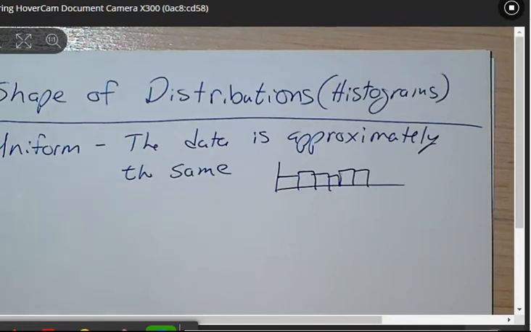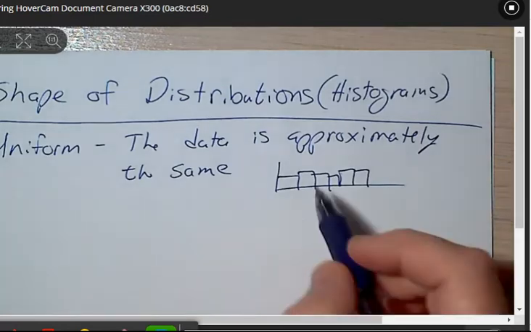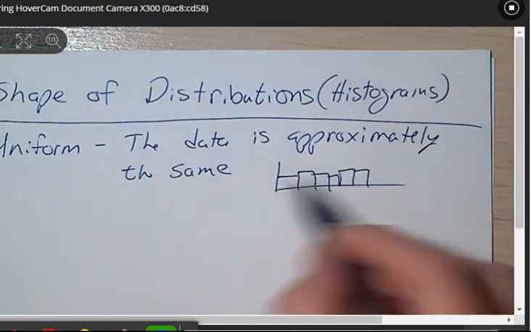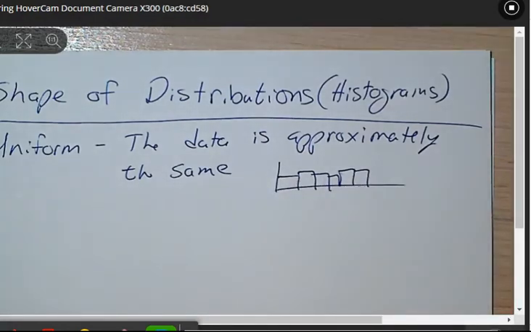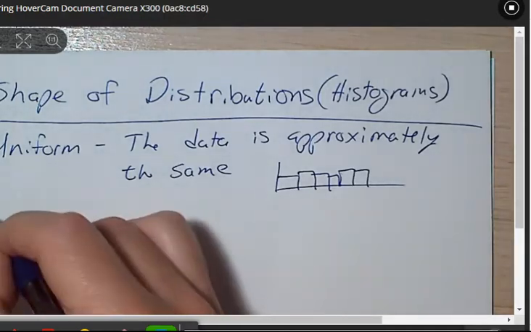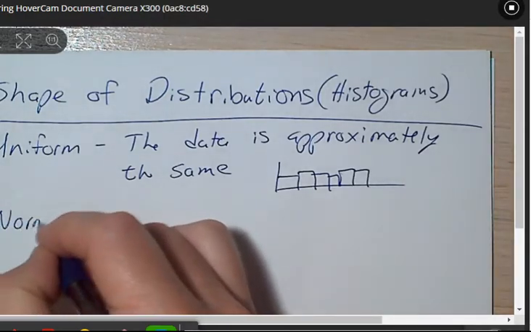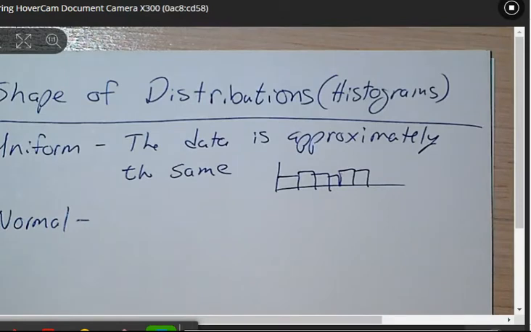You may have a little ups and a little downs, but for the most part, you could just about draw a straight line across it, and everything's going to be pretty close to that straight line. Okay, second one they're going to work on is what they call a normal distribution.